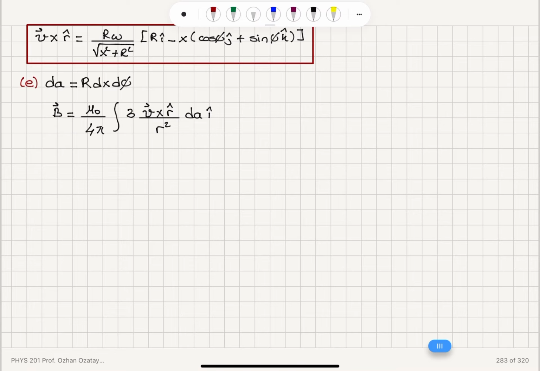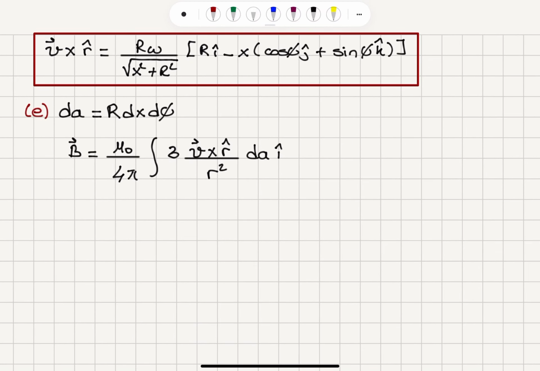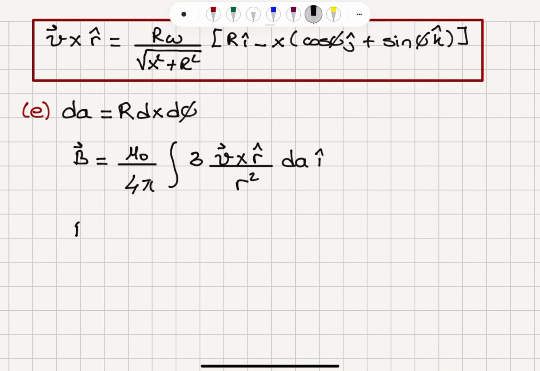Okay, so if I substitute the results I have found previously for the magnetic field, this integral will be, mu 0 over 4 pi is a constant. The distance x will go from minus w over 2 to plus w over 2, and the angle phi will go from 0 to 2 pi.